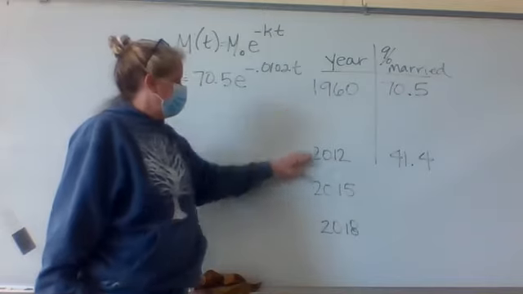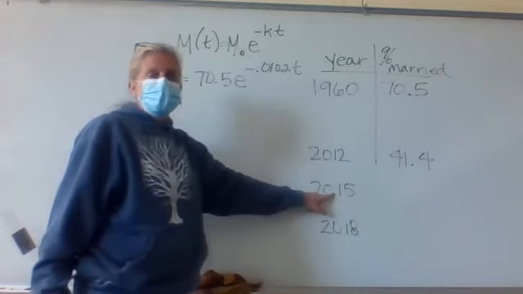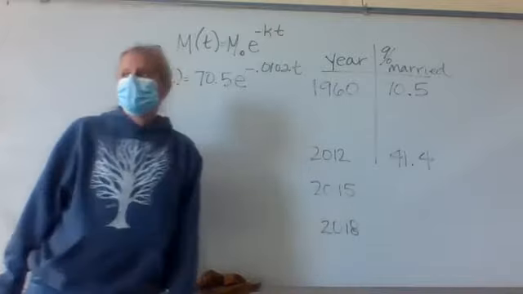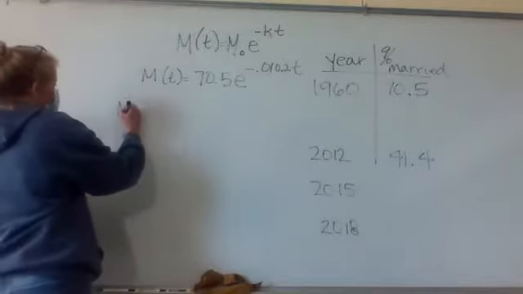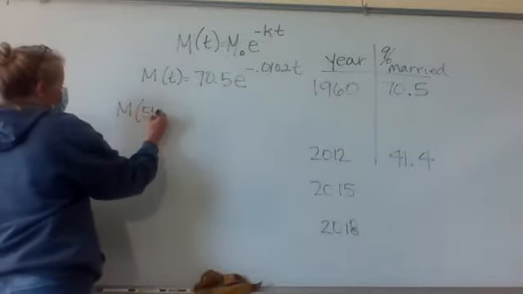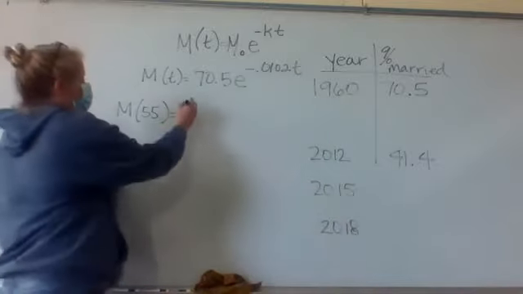Let's see, 60 to 2000 would be 40 plus 15. So the T is going to be 55, right? So I'm finding M of 55.